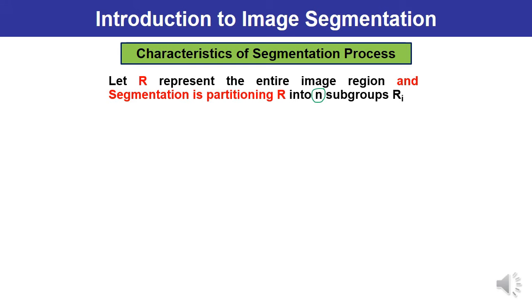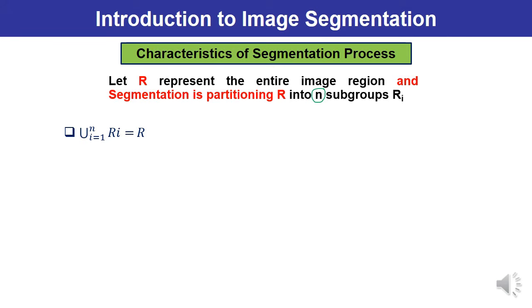It means i varies from 1 to n. So what are the characteristics which you must remember for image segmentation? The first point is, when you are dividing an original image into subregions, the reverse process must also exist, and that must give you the correct one.